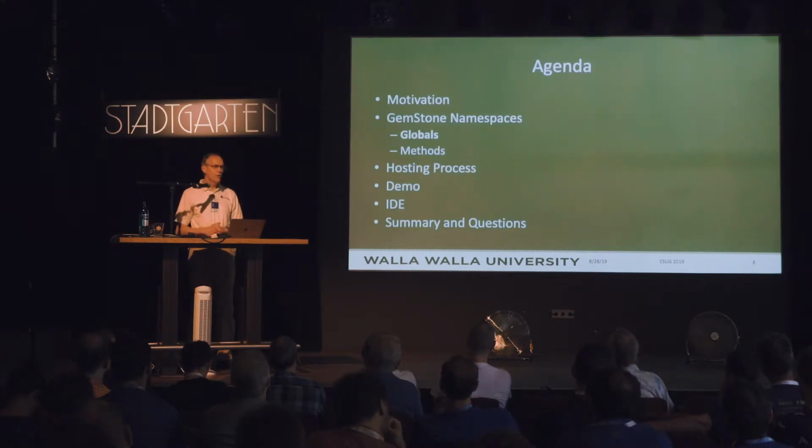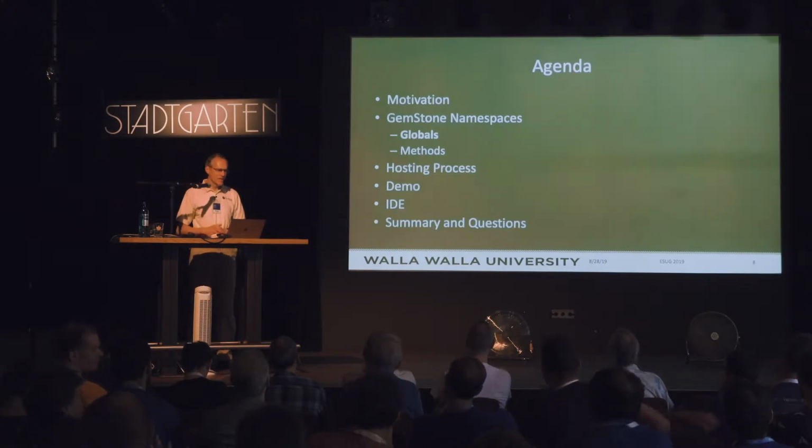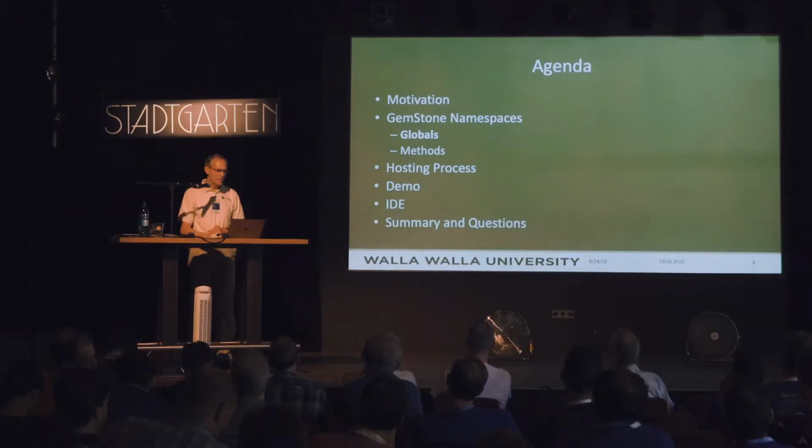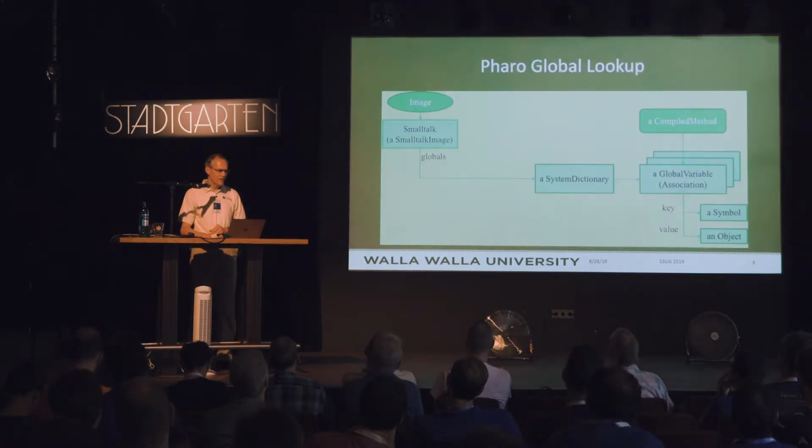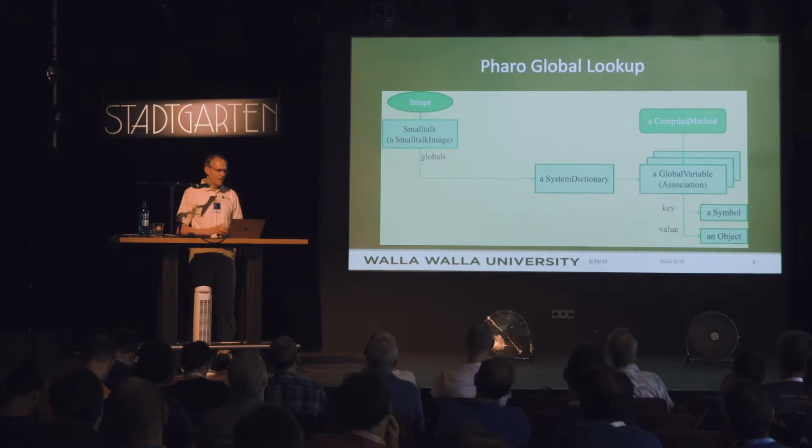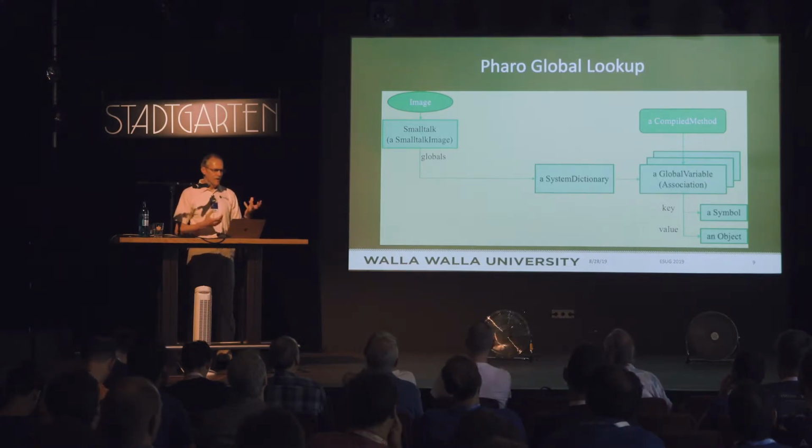So how do we make this possible? What's the way of doing it? Let's look at the namespaces that give us an opportunity, globals and methods. In the traditional Smalltalk and a basic Pharo model or others, you have the image with a set of globals.